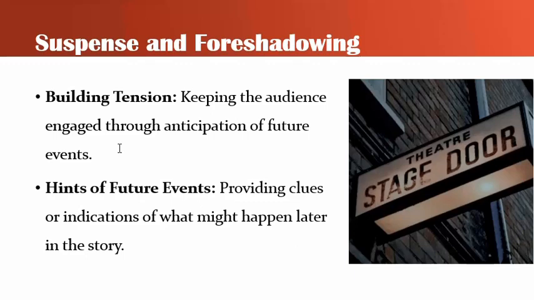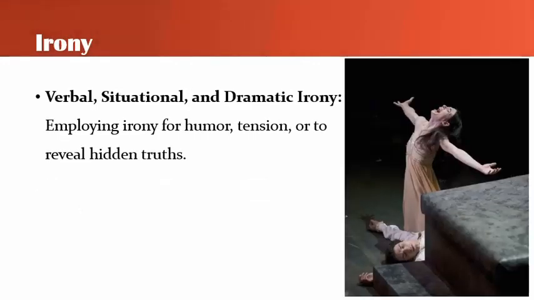And this makes the audience more engaged, and they will anticipate what is going to happen. And the hints of future events will be given, not directly, but they'll provide clues or indications of what might happen later in the story. So suspense and foreshadowing is yet another important component of writing a drama.